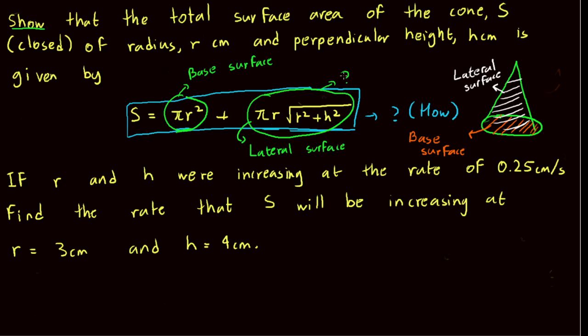We know that the lateral surface is pi r l, where l is the slant height of the cone. R is the radius, and the perpendicular height is h, which I've marked in blue. If it's not clear, let me just mark it outside, h.